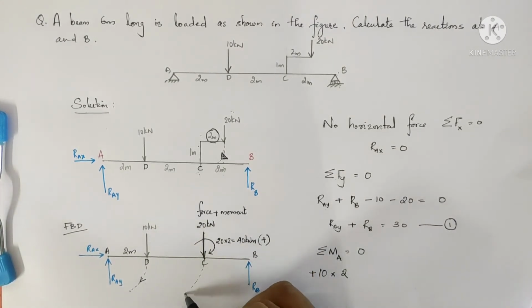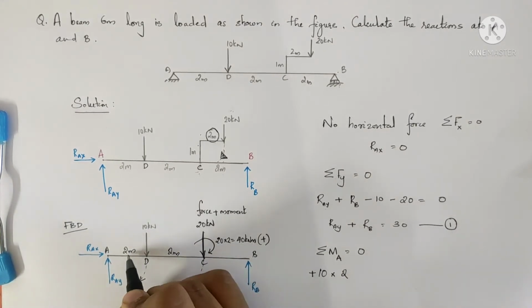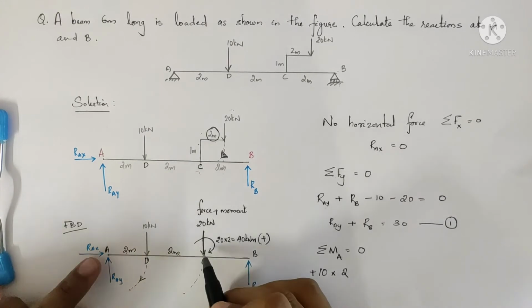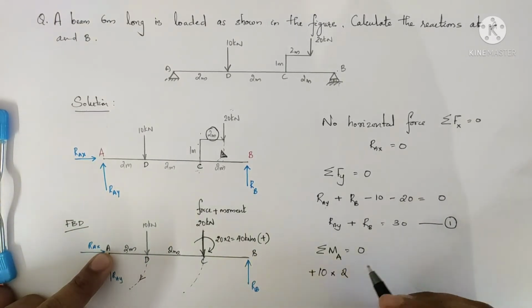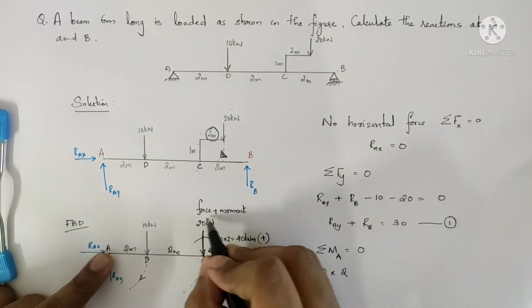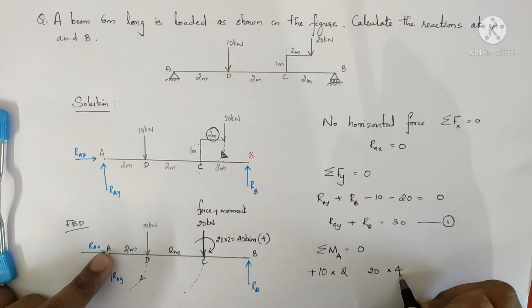Again, the whole distance from A is 2 meter plus 2 meter. This entire distance AC, 2 plus 2, so that is 20 into 4. Is it plus or minus?